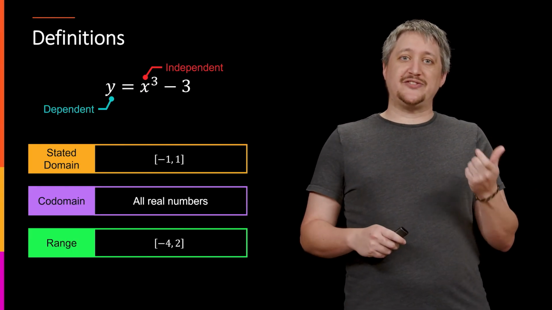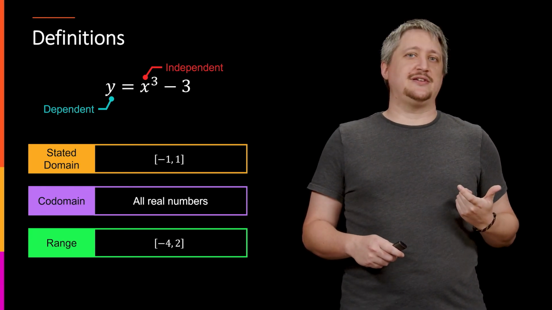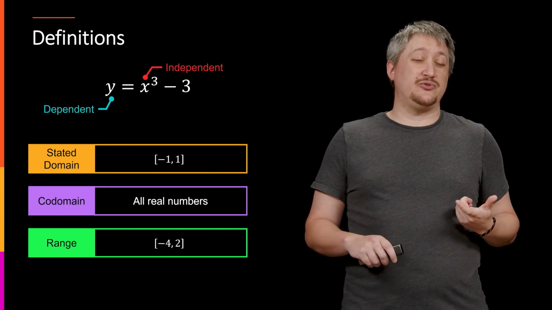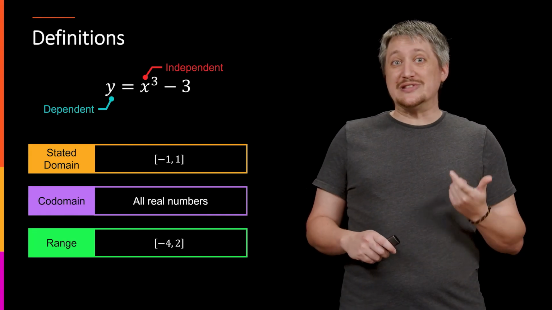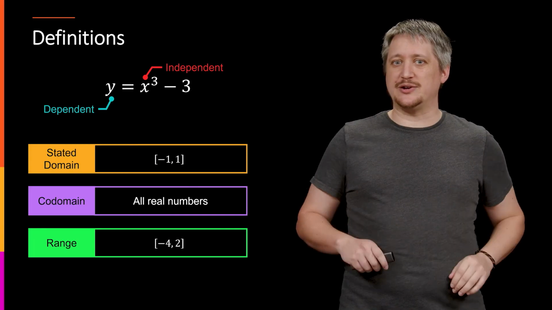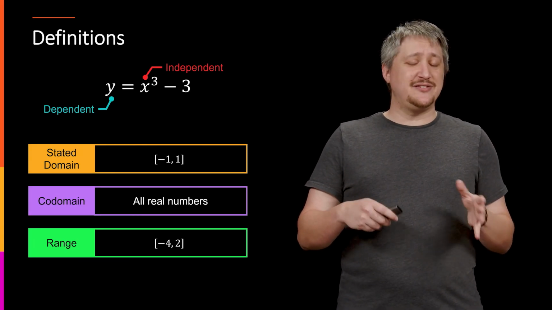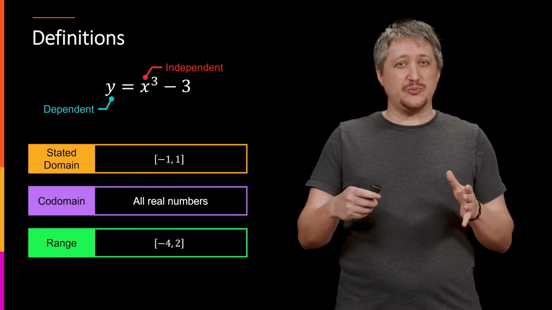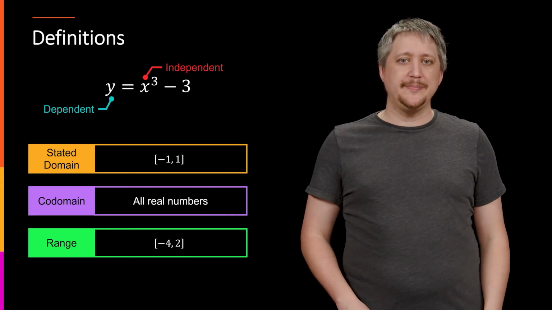Right? So if I give an artificial domain or a stated domain, this thing is usually used to restrict what the output can be, right? So these things are linked together, and that's an important takeaway here. So natural domains, these are what we use when we aren't given one, and it's just the biggest one that makes sense, okay?